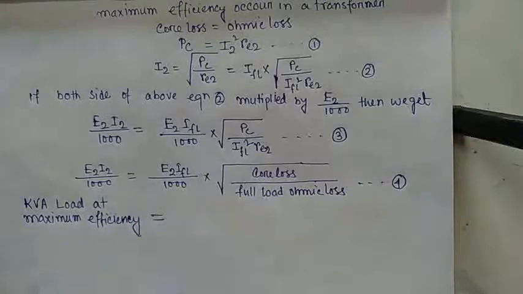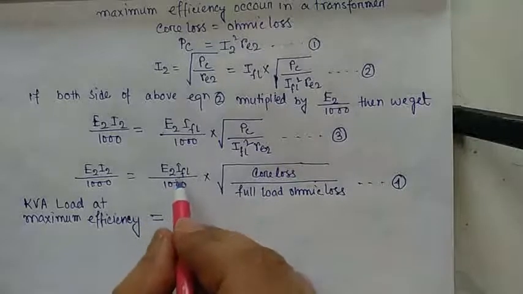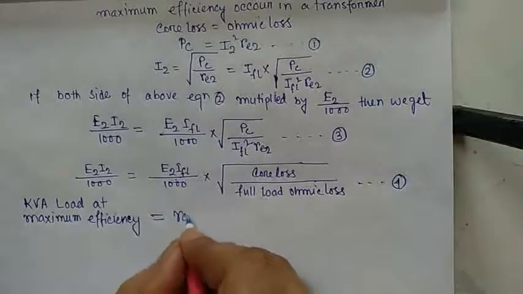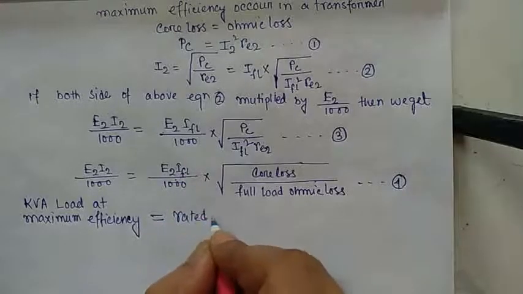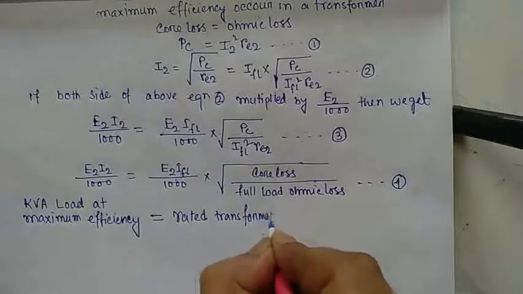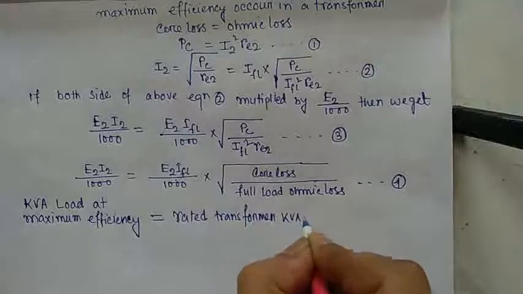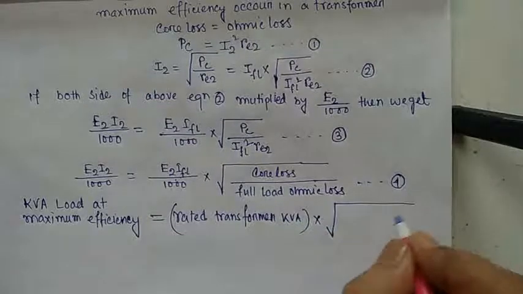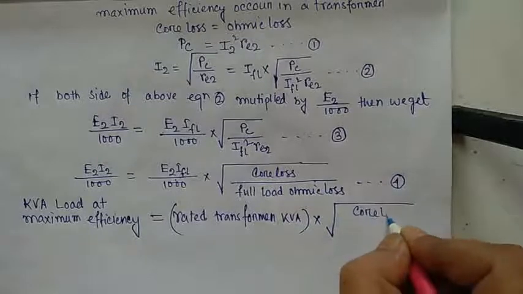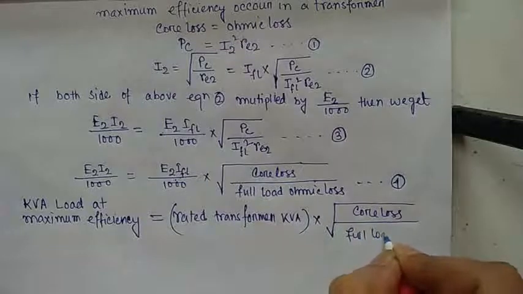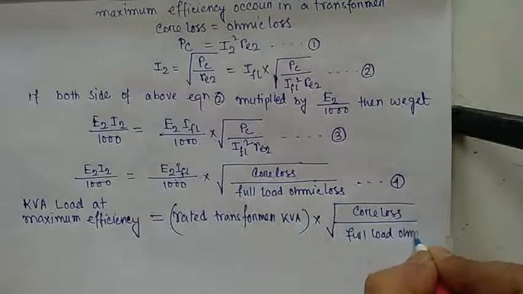It is equal to the rated full load KVA, the rated transformer KVA, into the root of core loss by full load ohmic loss.